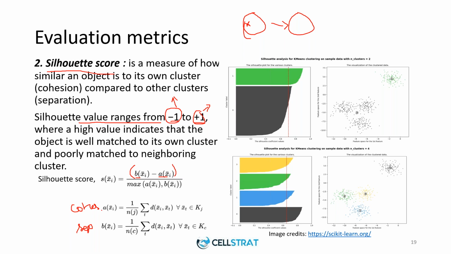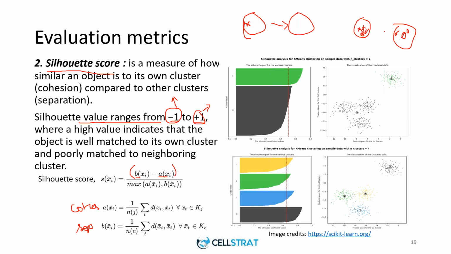By this time you would have known what cohesion and separation are. Let's say you have two clusters. When calculating a, you take a particular data point and calculate its distance with respect to its own group. For each data point, it will calculate the distance to its own group, and you will have an average value. That is your cohesion.